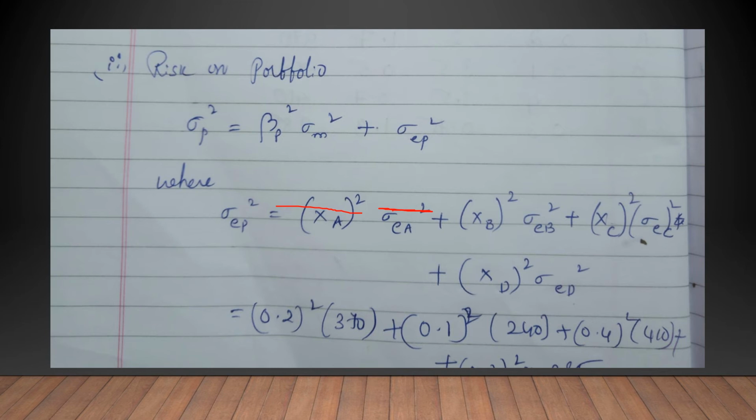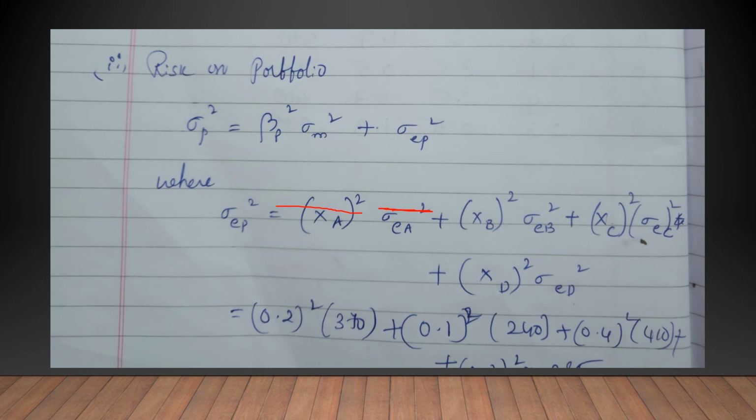As it is related with the market variance, you have to multiply it with the systematic risk, that is market, since it is related with the market risk.